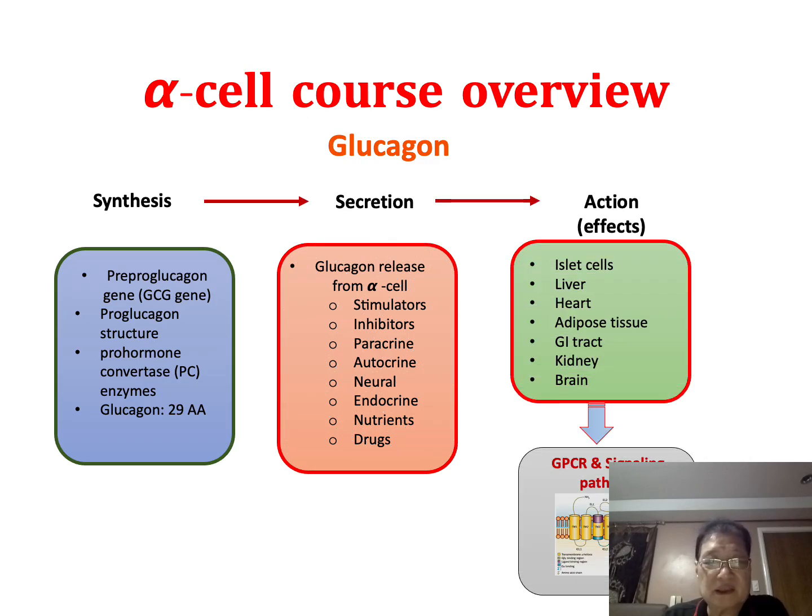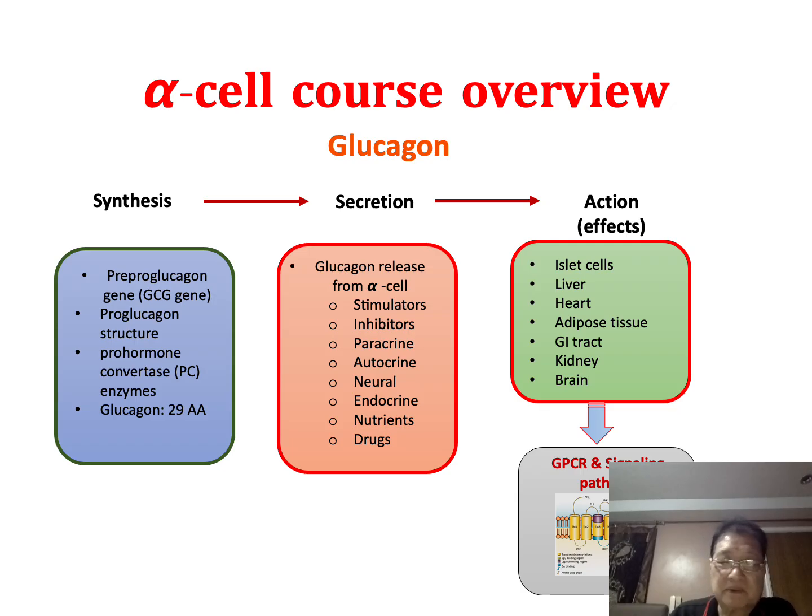Synthesis: there's a gene in the cells, called the pre-proglucagon gene, that synthesizes a large amino acid structure called proglucagon, and there is a pro-hormone convertase in specific tissues that cuts this long chain amino acid into certain hormones.